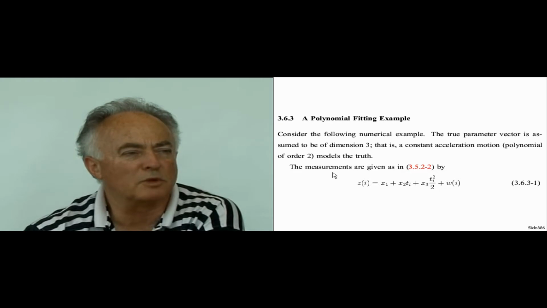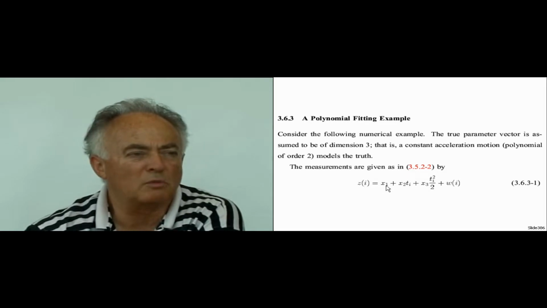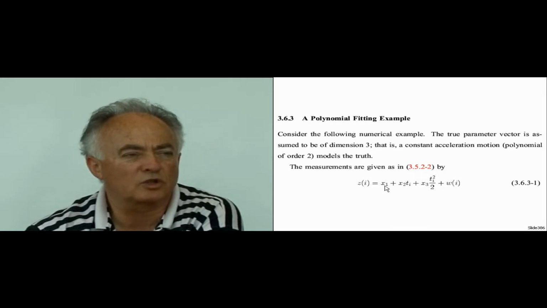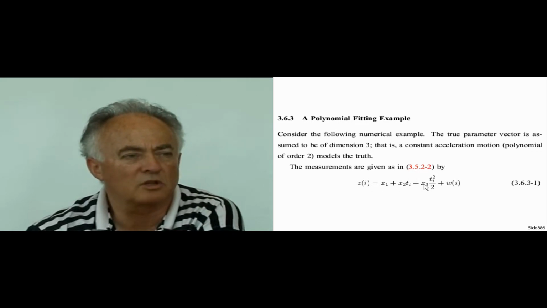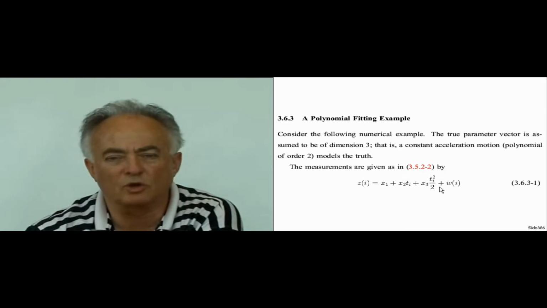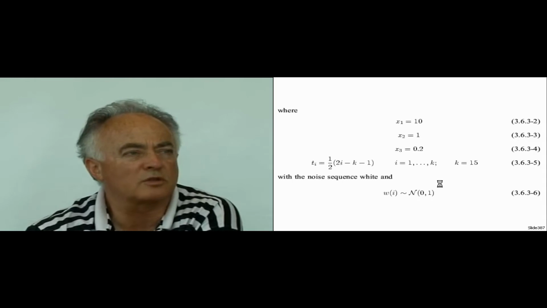So the measurements now are given by z equals the polynomial model with x1, x2, and x3, our parameters. You can see this is position, velocity, acceleration, second-order polynomial, plus noise. w_i would be the independent noises, and we assume for the sake of illustration values x1 equals 10, x2 equals 1, x3 equals 0.2.